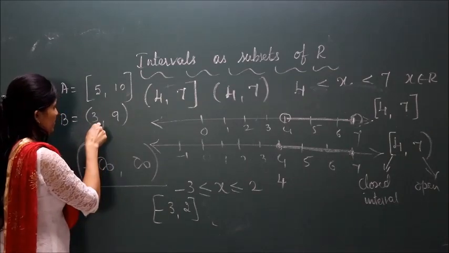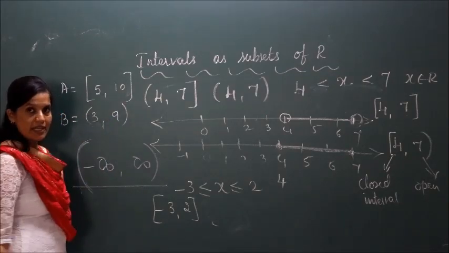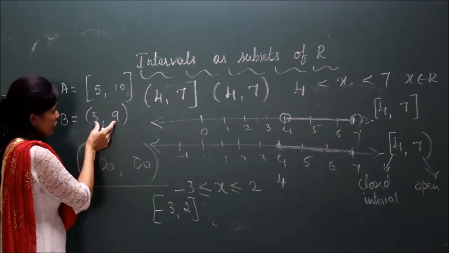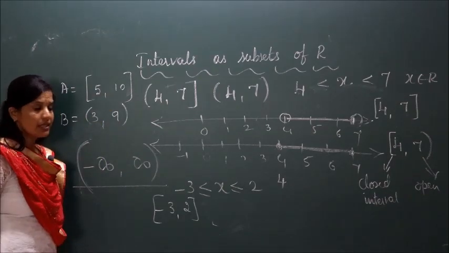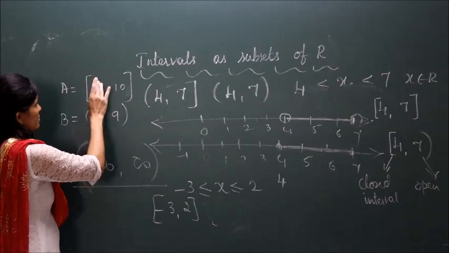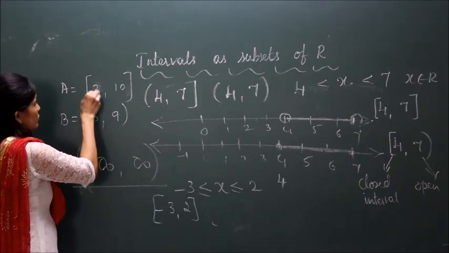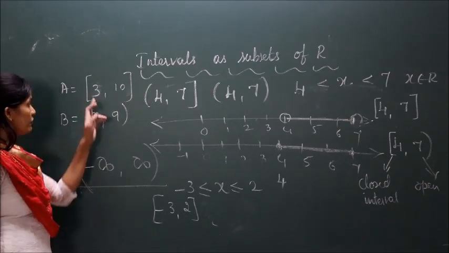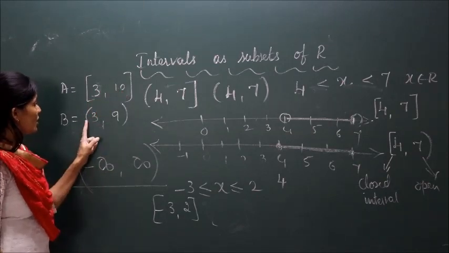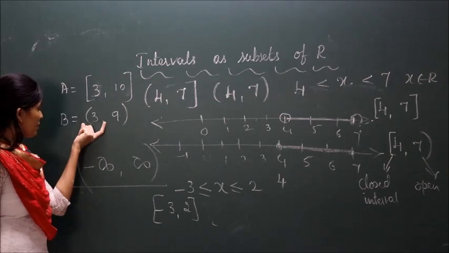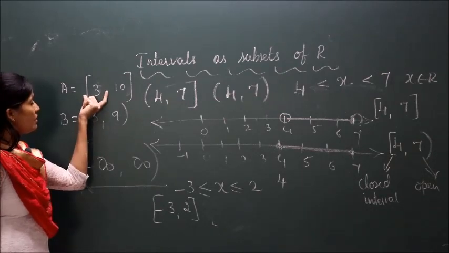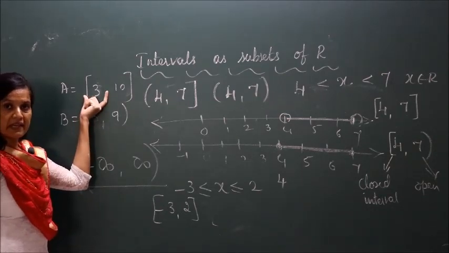Now you see these two sets. This set B is contained in A, isn't it? Because all the elements of B come under A, this is 3 to 10, not 5 to 10, 3 to 10. So here 3 comma 9. All the elements in the set B are contained in set A, right?